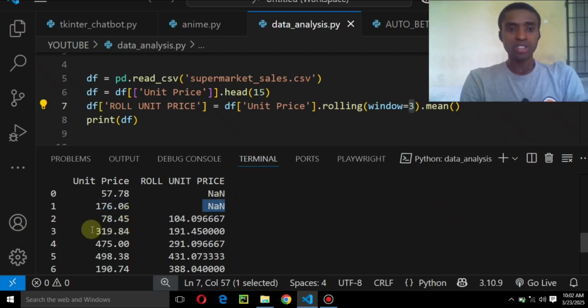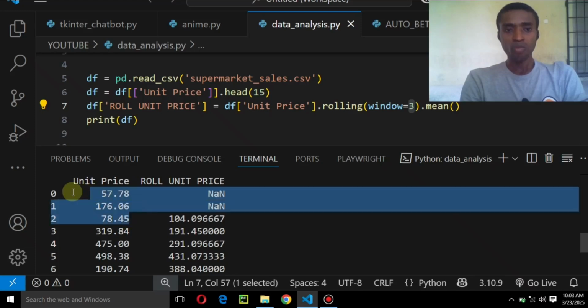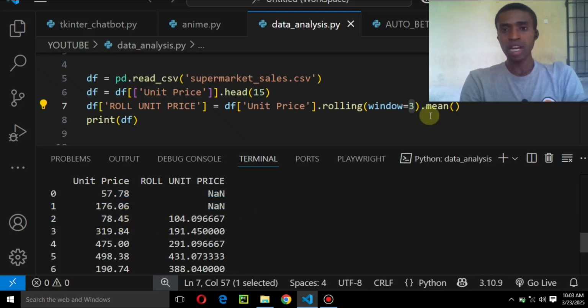Then it came to the third row, which was 78.45, and there were 3 rows available in the moving window, including itself, because we set the window to 3, and then it was able to calculate the mean because we set the mean here.